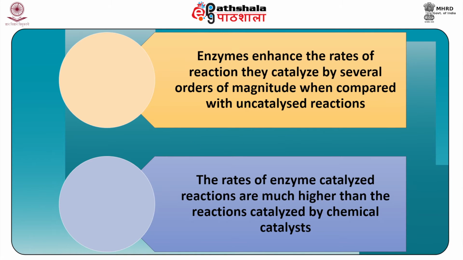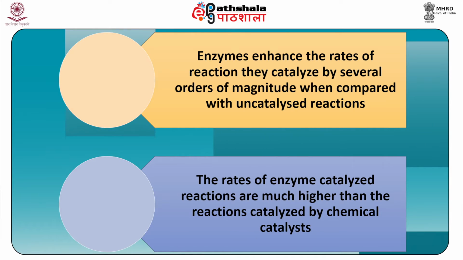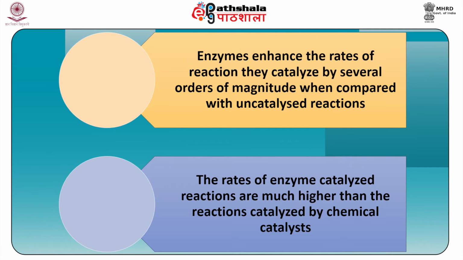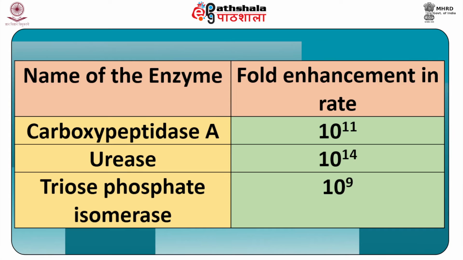Enzymes enhance the rates of the reactions they catalyze by several orders of magnitude when compared with the uncatalyzed reactions. The rates of enzyme catalyzed reactions are much higher than the reactions catalyzed by chemical catalysts. The table here depicts how enzymes lead to the enhancement of the rate of reactions.